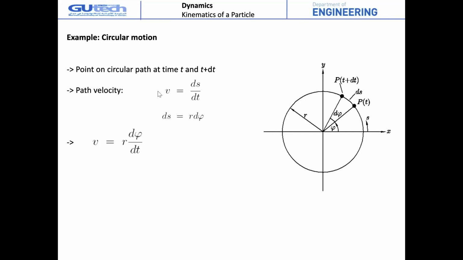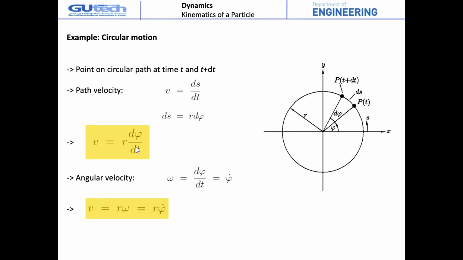If we replace this in the equation for the velocity, then we get v is r, the radius, times d phi over dt, and this d phi over dt we call the angular velocity omega. Omega is phi dot. Then we can write that v is r multiplied by omega, equal to r phi dot.